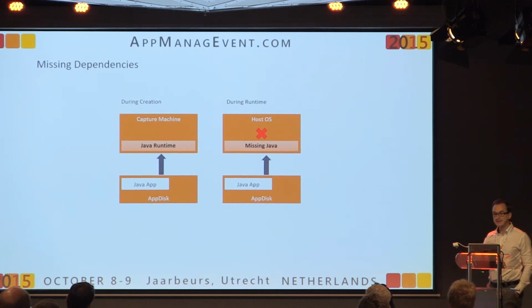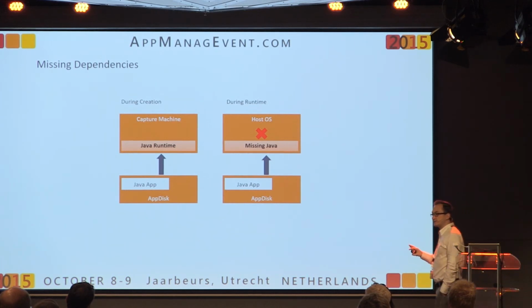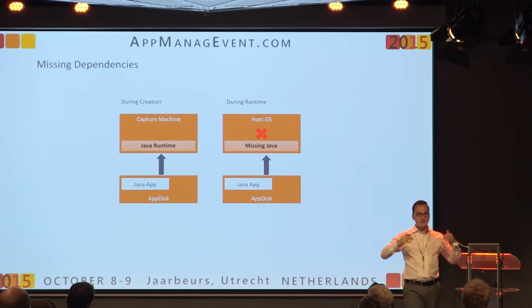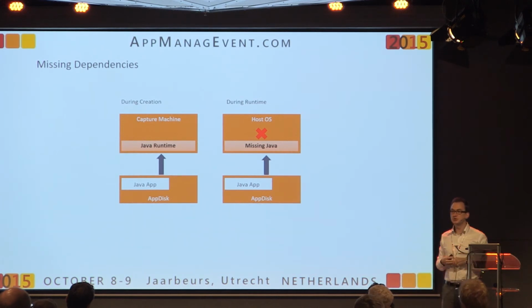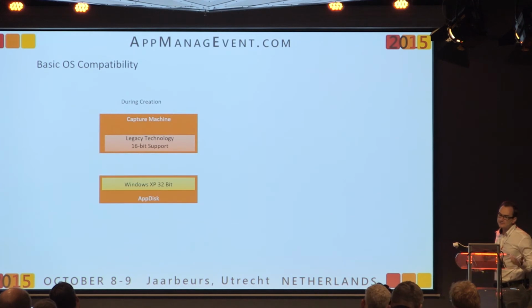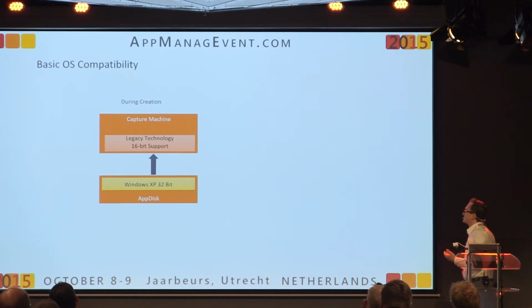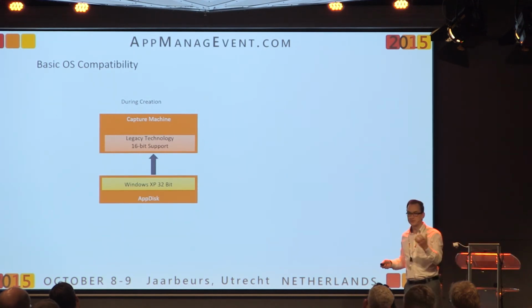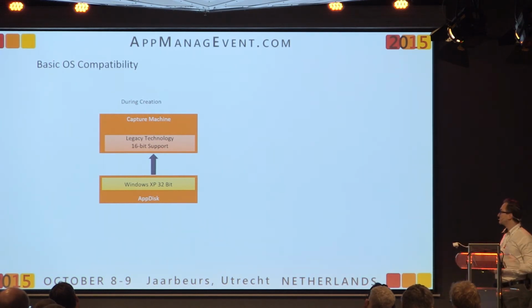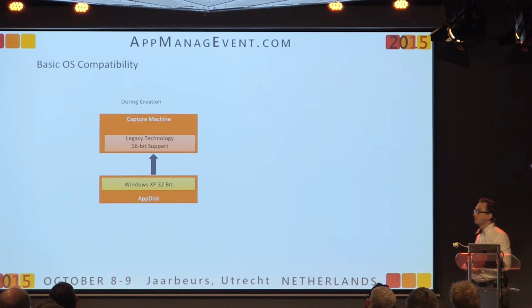So once again, the AppDNA analysis will tell you whether all of the AppDisk layers that you're trying to attach to a machine are complete or whether they're missing some dependencies. And then finally, this is very obvious. AppDNA, for those of you who don't know, is the industry standard for app compat, almost a decade old.